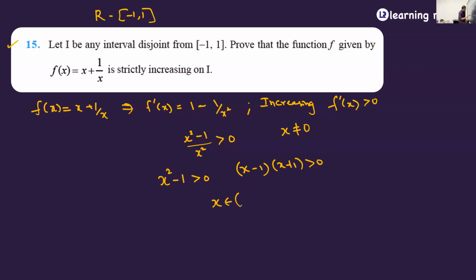Then x belongs to minus infinity to minus 1 union 1 to infinity. So this is an interval where the function is increasing, and this is the domain of the function also. Right? Hence, we have proved that this given function is strictly increasing on the domain of the given function. Clear?